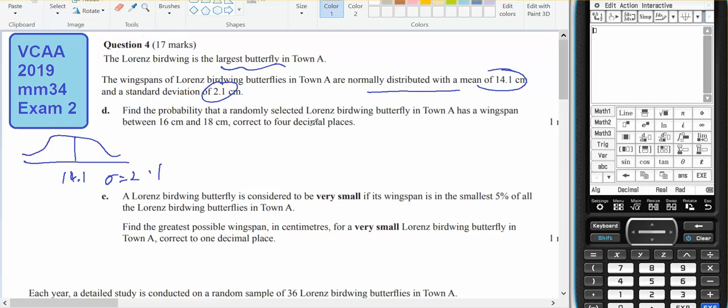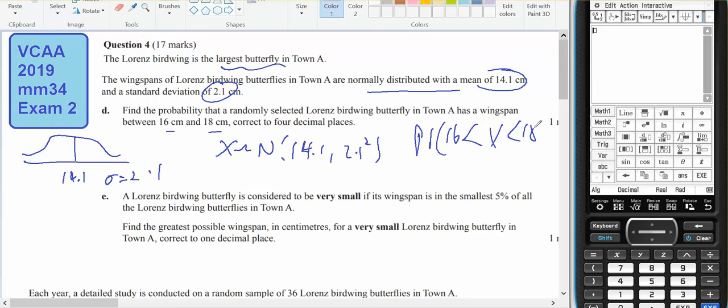One of the probabilities is the randomly selected bird wing butterfly has a span between 16 and 18. So if X is normally distributed, 14.1, 2.1 squared, then we want the probability that X goes from 16 to 18.